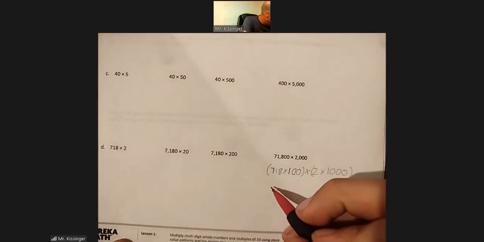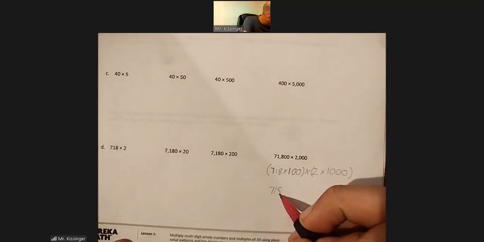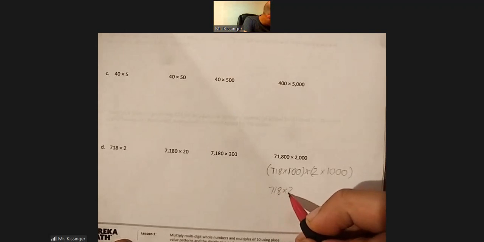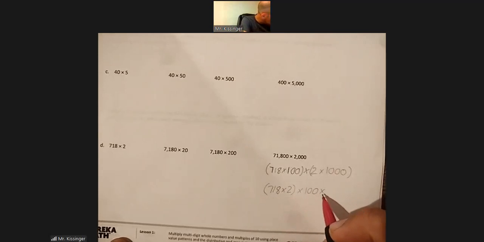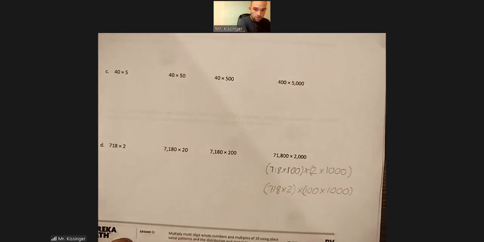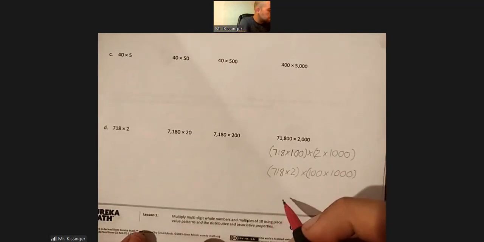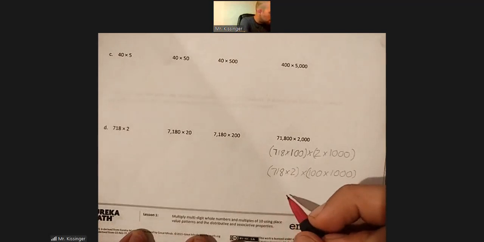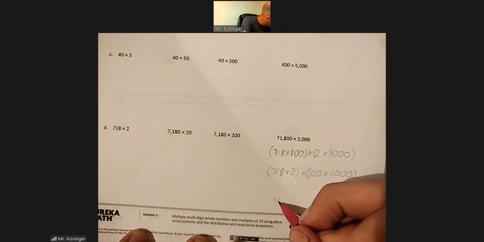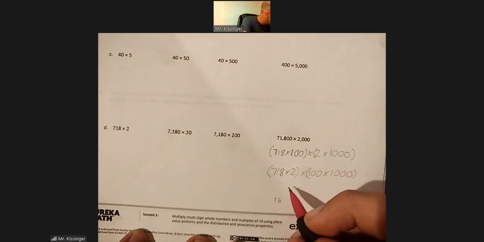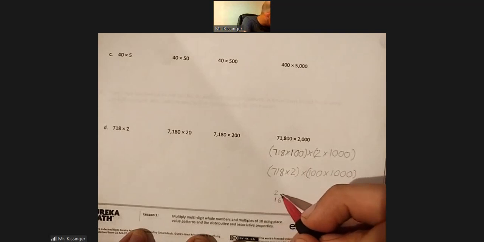We'll do 718 times 2 times 100 times 1,000. All right, so 718 times 2 will multiply our ones place by 2. We get 16. Our tens place by 2. 10 times 2 is 20.